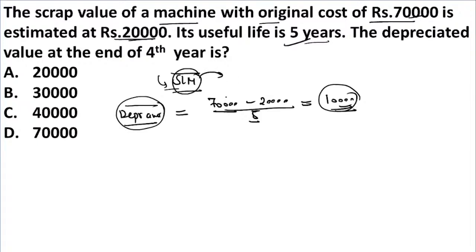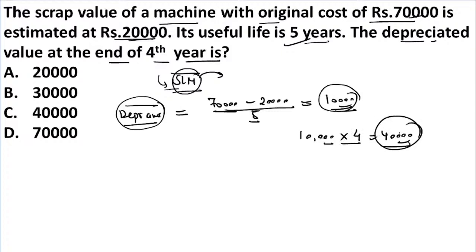So if we have to calculate the depreciated value at the end of the fourth year, how can we solve this? Look, we know that 10,000 is depreciated for the first year, as well as for the second year, the third year, and the fourth year. That means we multiply by 4, and that is the total depreciation of our asset, whatever asset we purchased.